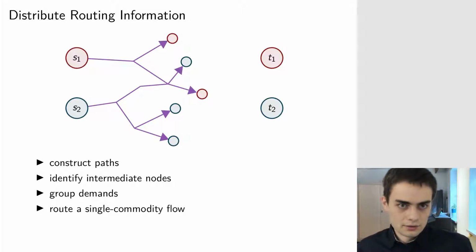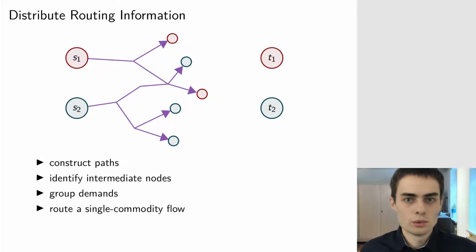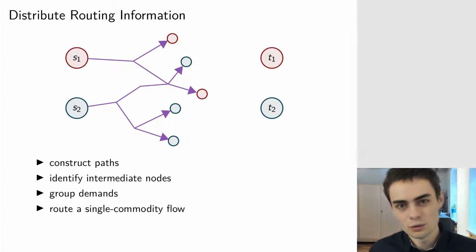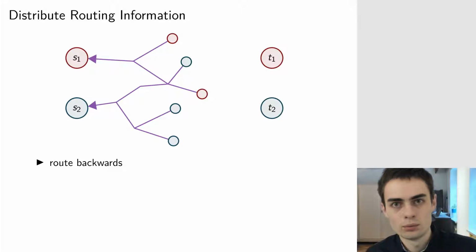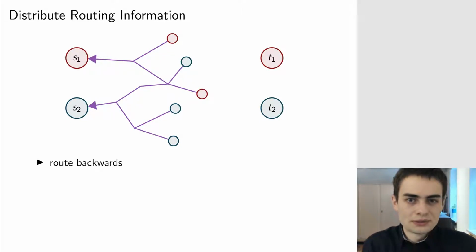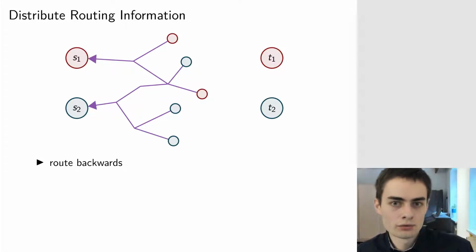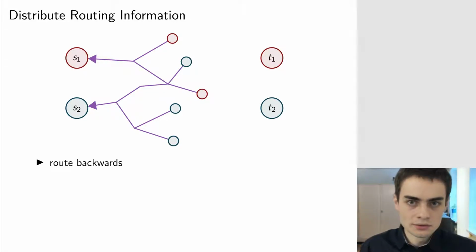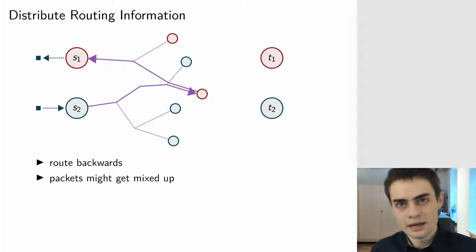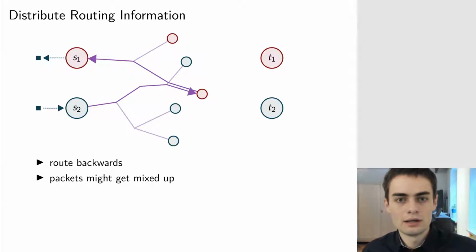Now that we've done that, we can route a packet from the source to one of the intermediate nodes. And then what we do is we route the packet backwards to the sources again. So this is a bit counterintuitive. What we would like to do is we'd like to go from the intermediate node directly to the target. However, there's the problem that, again, this is a single commodity flow and we cannot keep the commodities separate. So the packet might end up at a different destination than was intended.